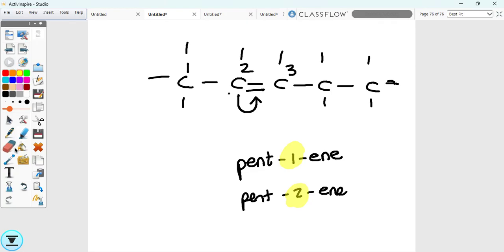But now if I want this to be a chain isomer, what I need to do, so these two are going to be positional isomers. Now if I want it to be a chain isomer, I'm just taking my numbers away again. A chain isomer must have a different chain, because remember the word tells you what must be different. So that means the carbons can't all be in a straight line. There needs to be a branch somewhere.